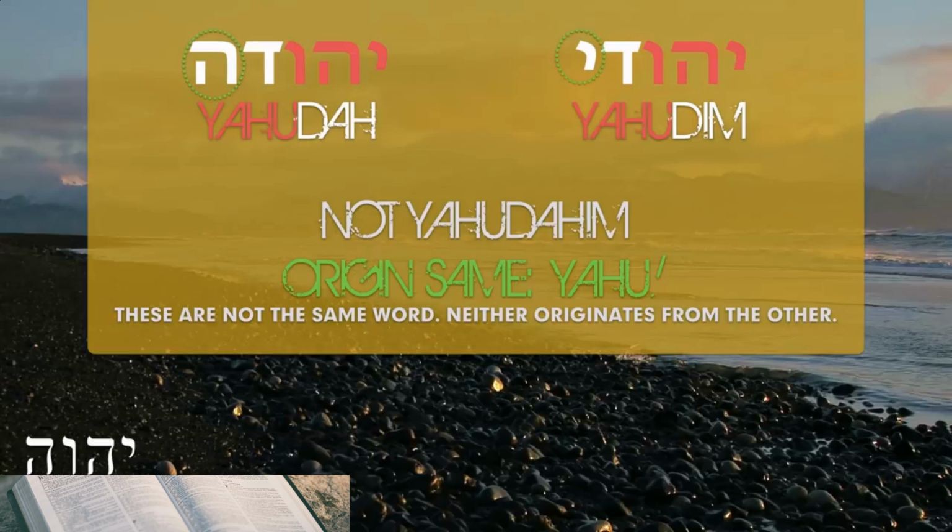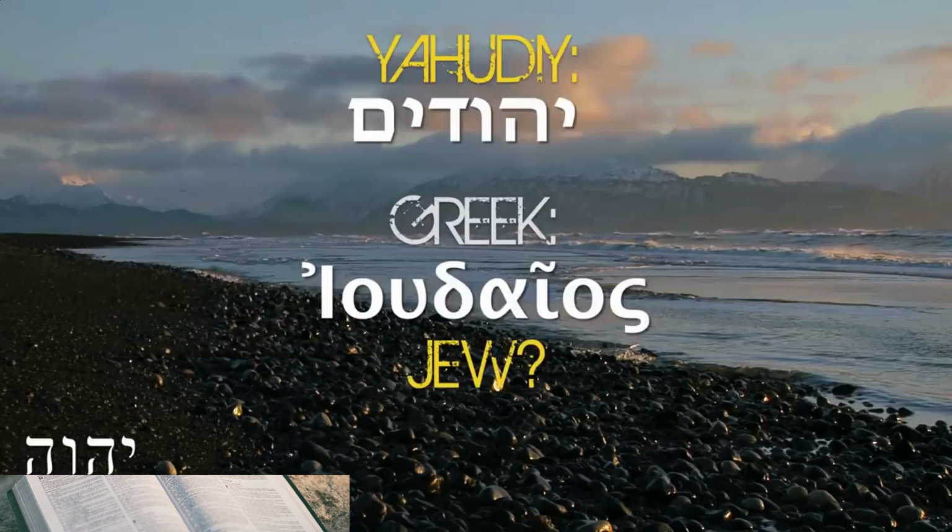But let's take a look at the word interpreted Jew in the New Testament Greek, because we are not being told the truth regarding that word at all. Here's the Greek word used 199 times throughout the New Testament, translated as either Jew or Jews today. But again, that's a new transliteration, never used before the Renaissance.